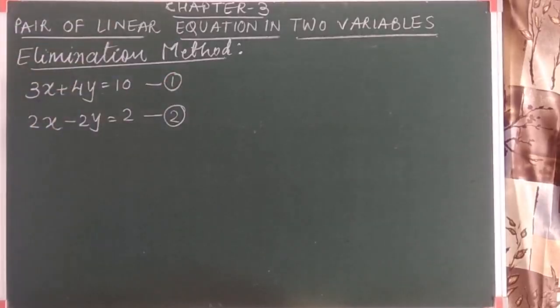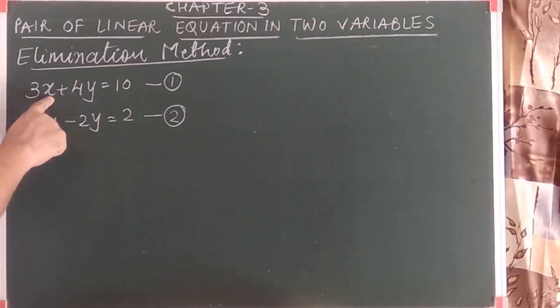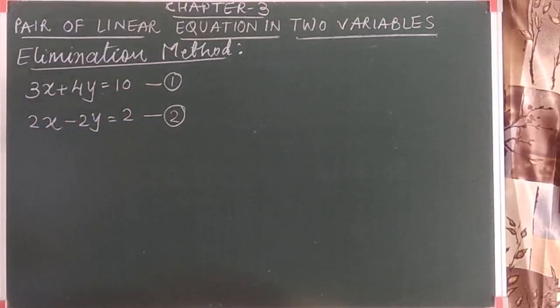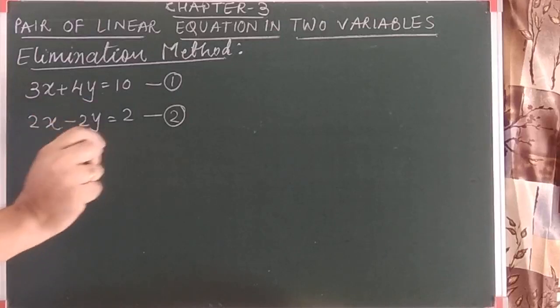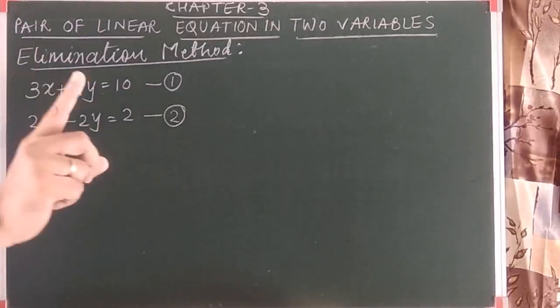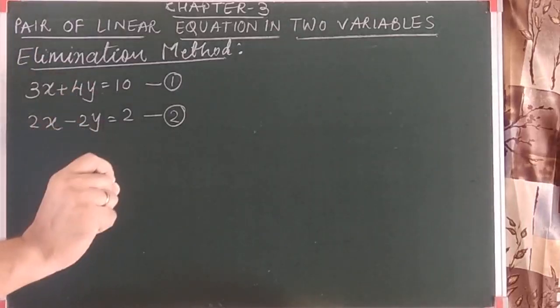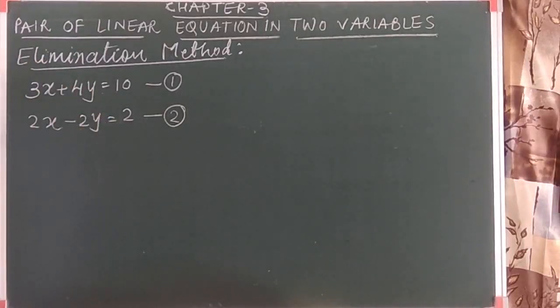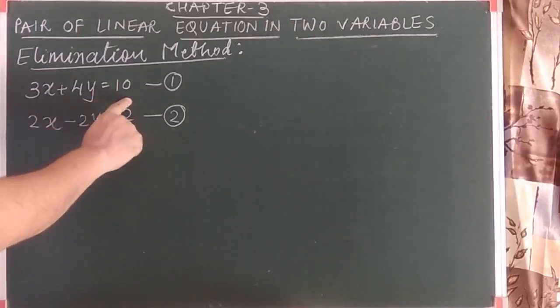So here, what do we have to eliminate? We have to eliminate one of the variables from both the equations. We'll simplify in such a way that one of the variables will be eliminated and only one variable remains. We'll find the value of that variable, then we'll obtain the value of the other variable also. Now how can we start with this? We should remember that your equation should be in the standard form.